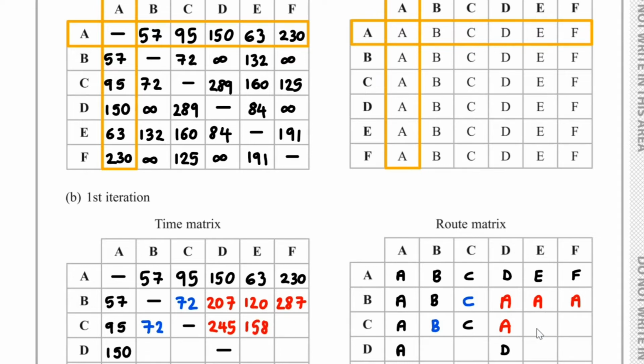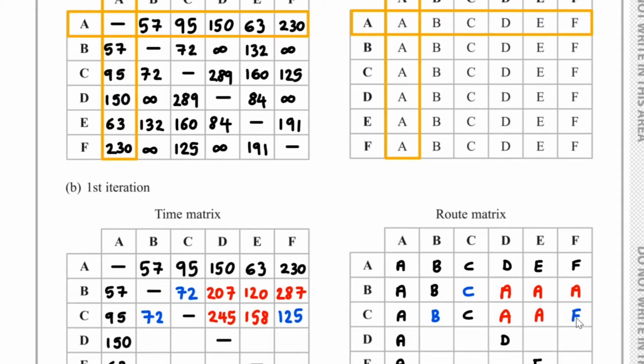And the E will change to an A. Now we compare the 125 with the sum of 95 and 230. The 125 is smaller, so that remains unchanged, and the F here will also remain unchanged.